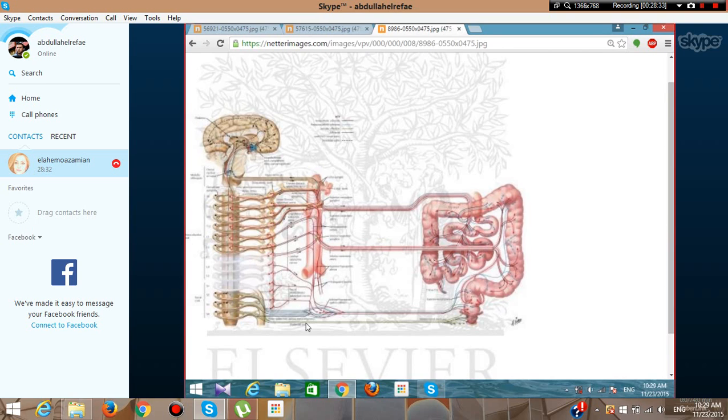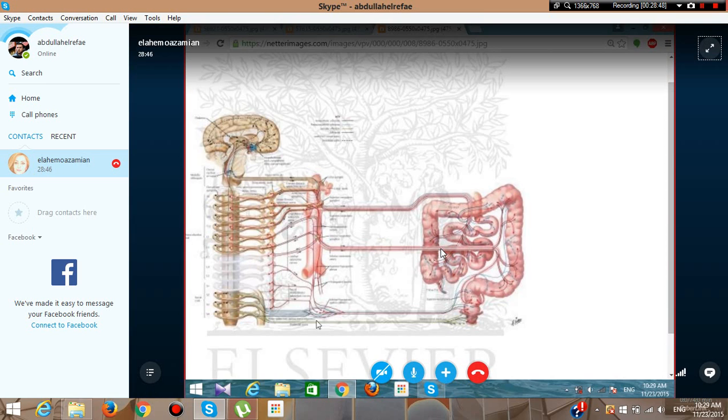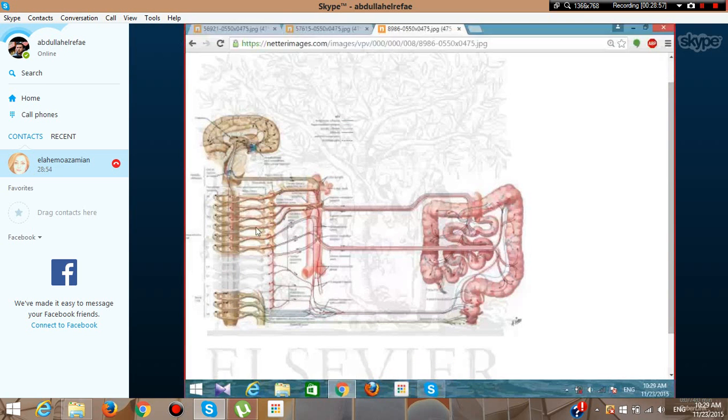So you should know that thoracic and lumbar splanchnic nerve, what kind of fibers do they carry? Sympathetic. But pelvic splanchnic nerve, what kind of fibers do they have? I didn't hear you. Thoracic and lumbar splanchnic nerves have sympathetic fibers.